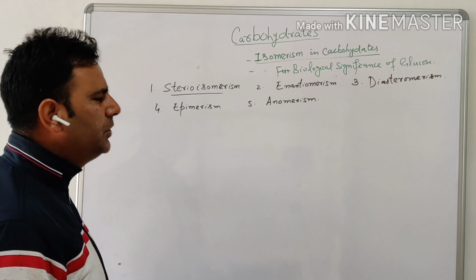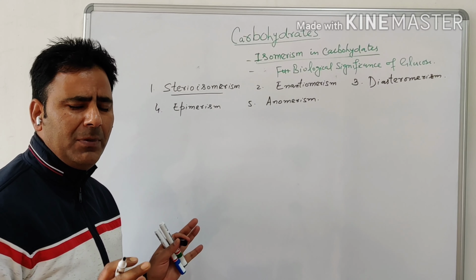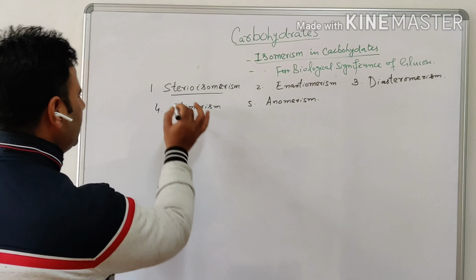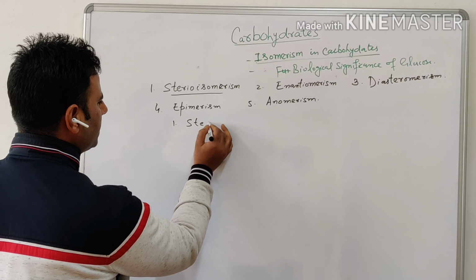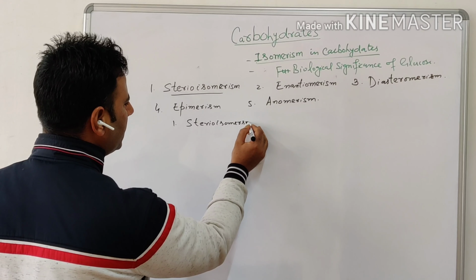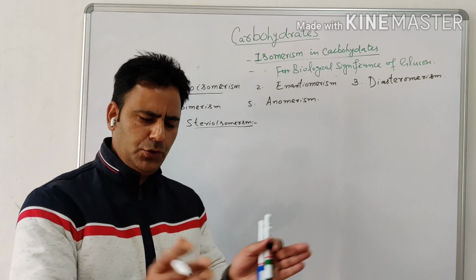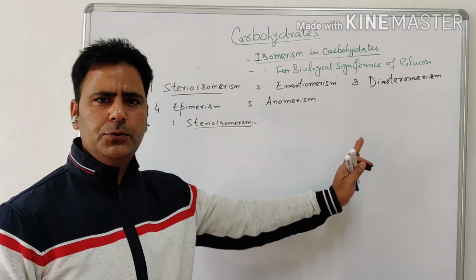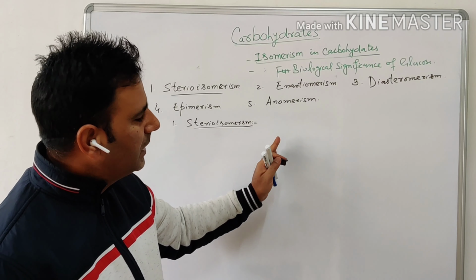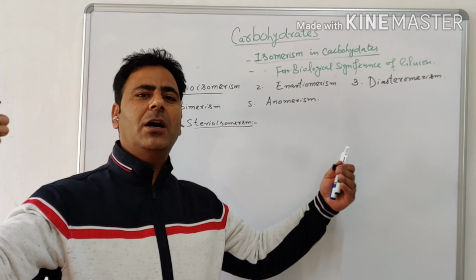The first thing is stereoisomerism. Although they are quite related to each other, there are some differences. What is stereoisomerism? Stereoisomerism is that type of isomerism in which the two isomers differ in the spatial arrangement of their groups.